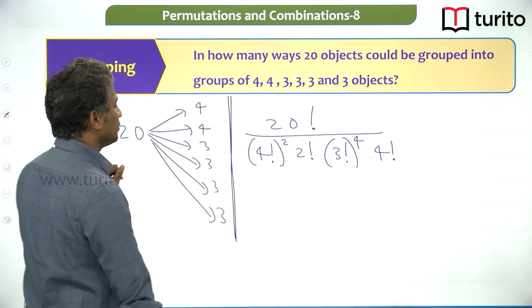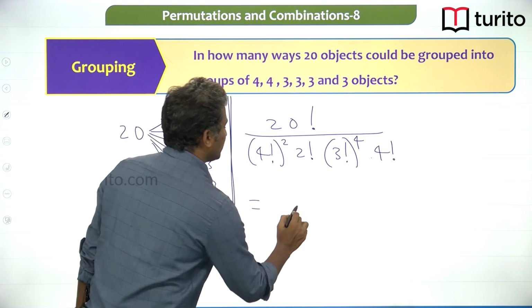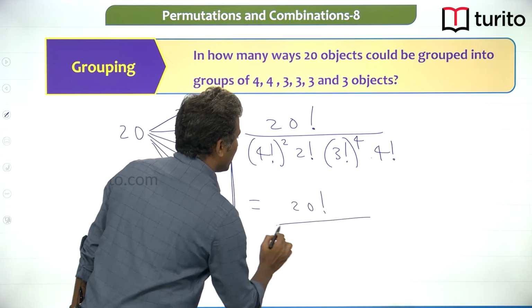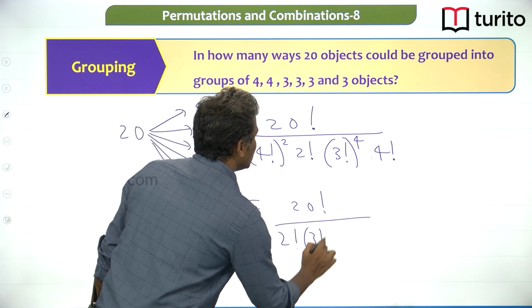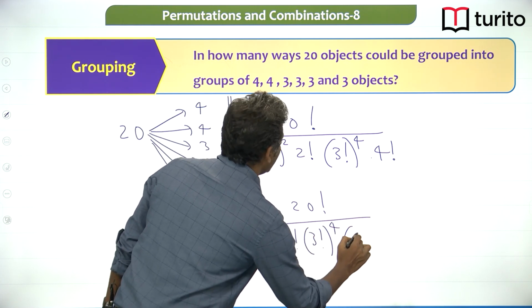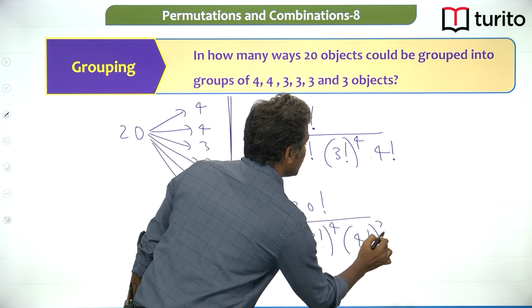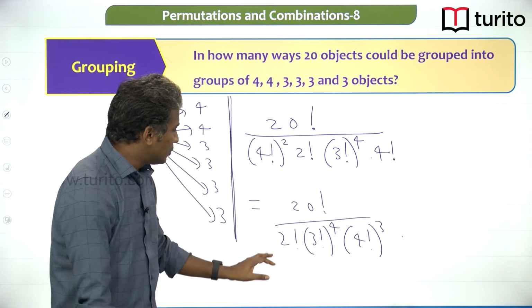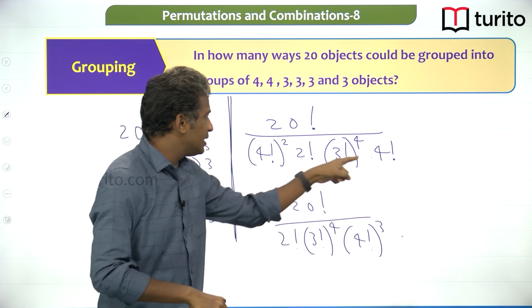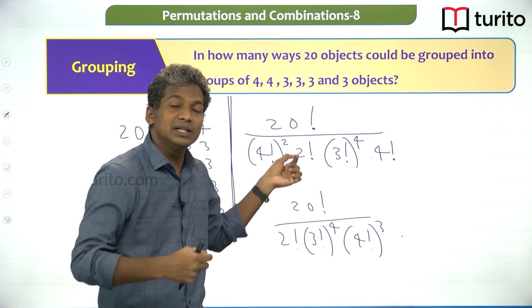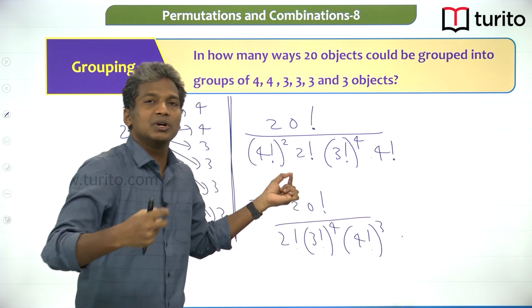So here if you just simplify this, you are going to get 20 factorial by 2 factorial into 3 factorial raised to 4 into 4 factorial raised to cube. If you look at this answer, you may not be able to justify what has happened, but here it's clearly mentioned, these numbers are clearly telling you what is happening.